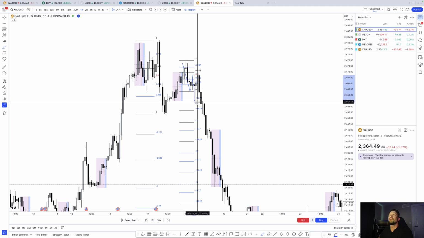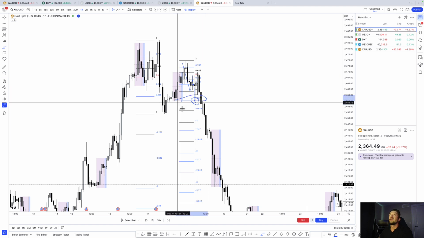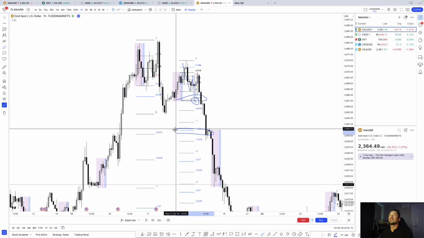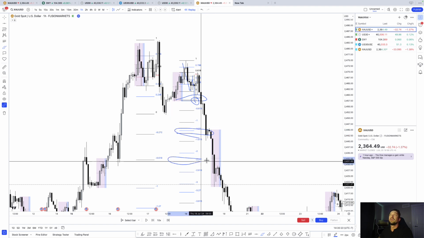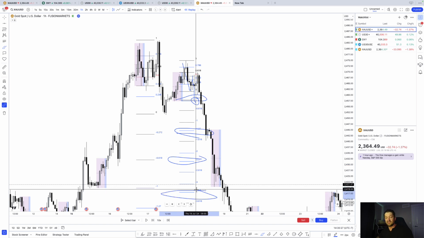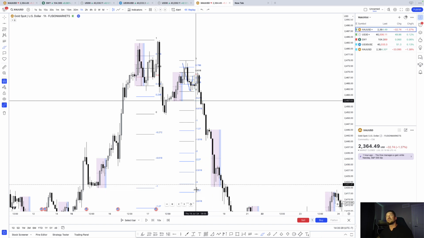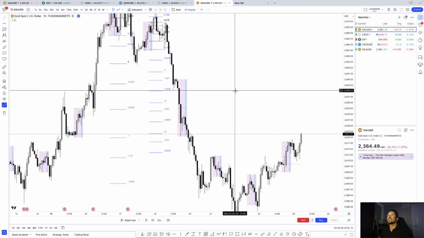So here's our first initiation after the reaction, and that comes to the 0.27. That tells me there's a good chance the next reaction is going to come from the 127, then the 227, and the 327 if price keeps going. So that's the theory behind measuring the reactions.